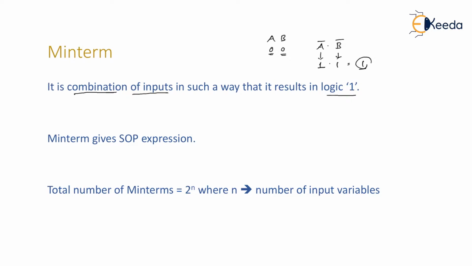So only one thing that you need to remember: for a particular variable, if you found it 0, assume it in complemented form, and if the particular variable is 1, then take it as the uncomplemented variable. For example, if the AB combination is 1 0, then since A is equal to 1, consider A in uncomplemented form, but since B is equal to 0, take B as B bar.